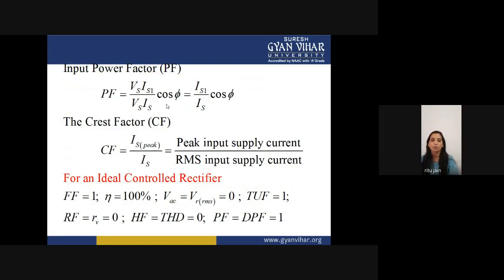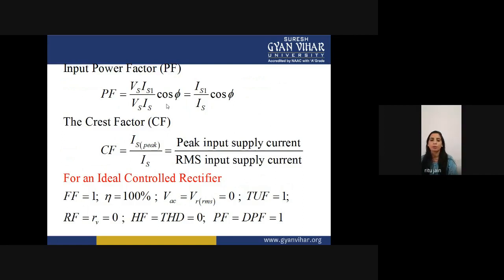If we talk about form factor, for an ideal controlled rectifier it must be 1. If form factor is 1, then the efficiency of the controlled rectifier will be 100%. If you talk about AC voltage, the RMS AC voltage must be 0, because you are rectifying your AC voltage, so you need pure DC in your output.